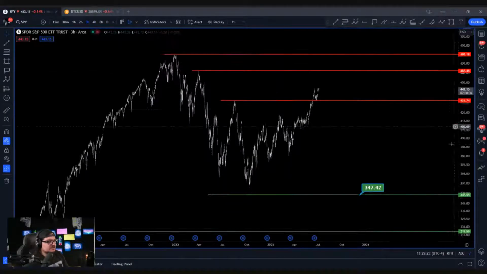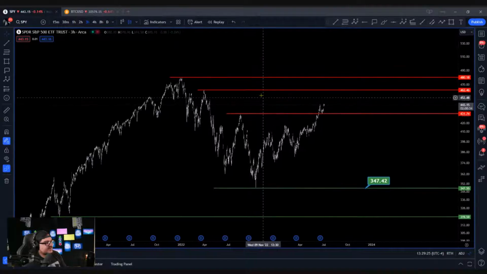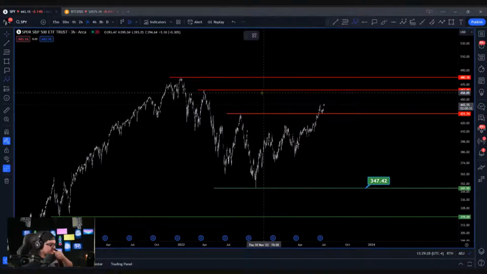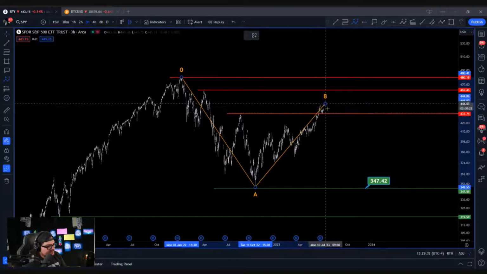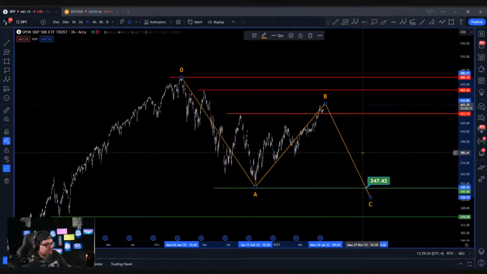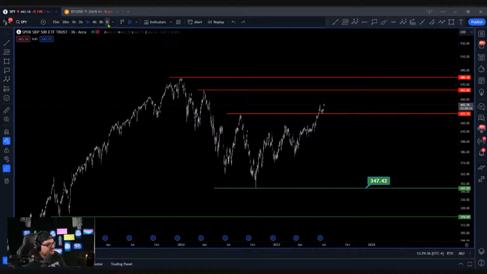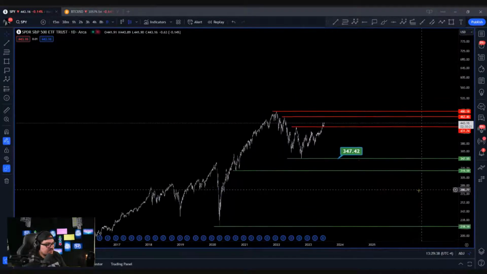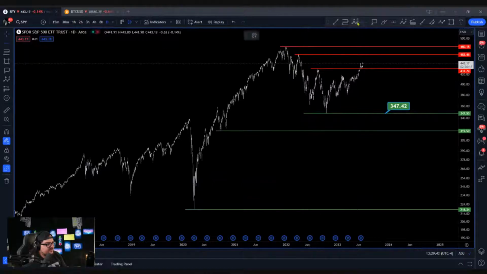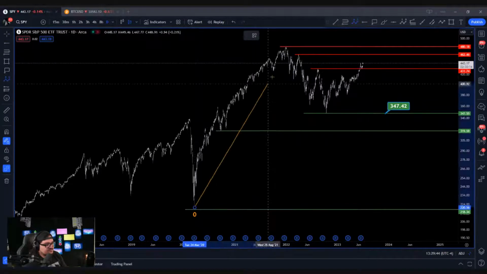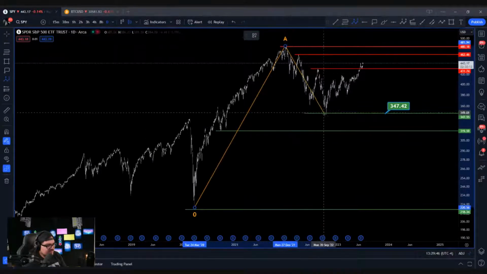So on a larger scale for the SPY, there are two different scenarios I'm looking for: either this to be an A, a B, and a C, or I zoom out a little bit and look for this to become an ABC. Now, in my opinion, I do not want this one to happen.